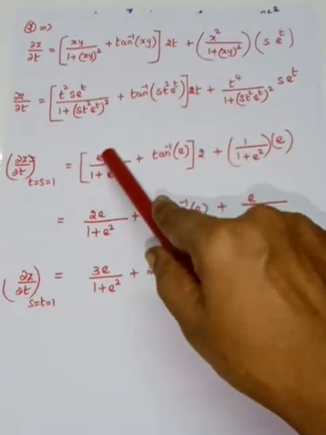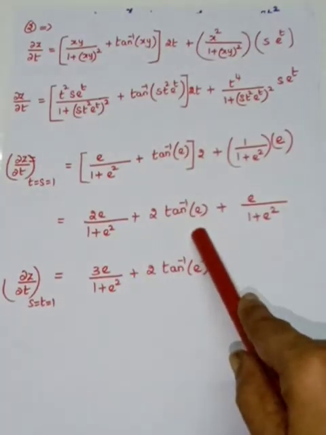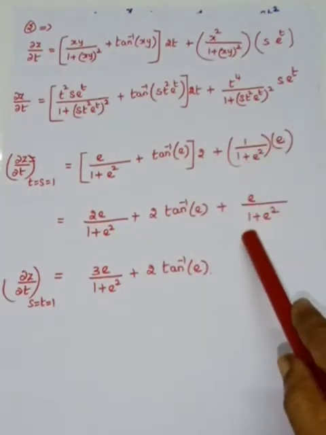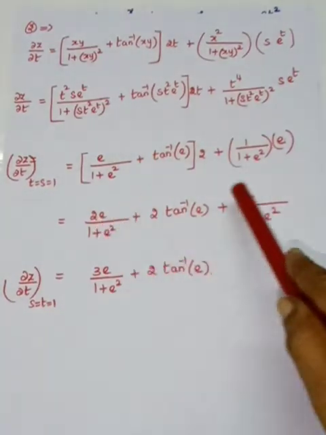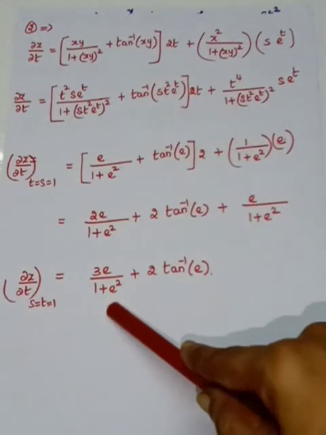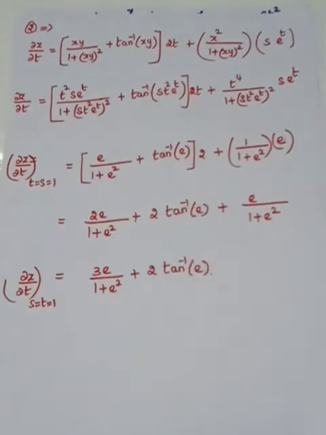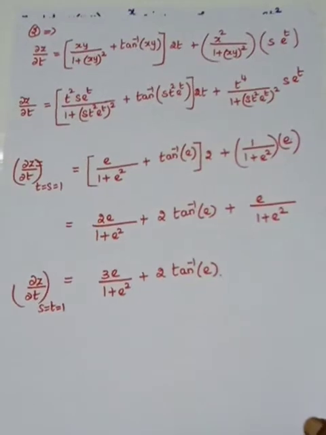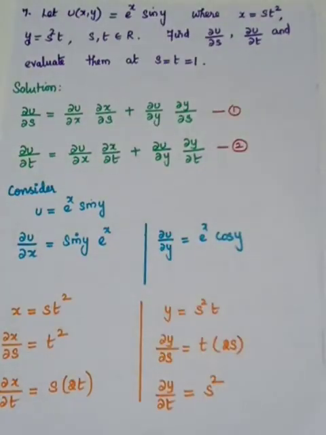So when you multiply the 2, 2e by 1 plus e squared plus 2 tan inverse of e plus e divided by 1 plus e squared. So you see that the first and the third term, it is 3e divided by 1 plus e squared plus 2 tan inverse of e. Okay, so that is dou z by dou t when s is equal to t is equal to 1.